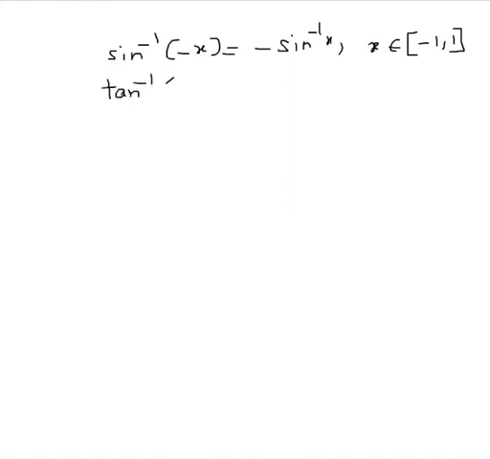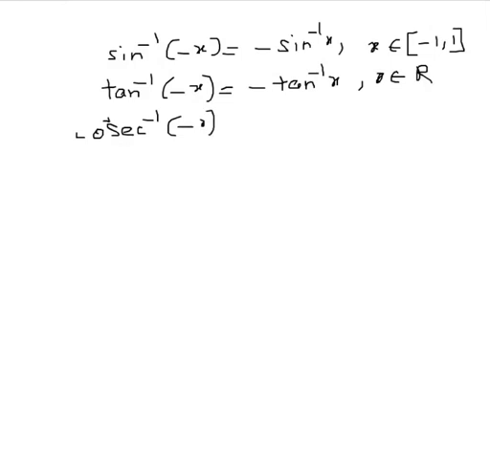Tan inverse of minus x. Again the principal value branch for tan inverse is also the open interval minus pi by 2 to plus pi by 2. Therefore for negative values, a negative angle, which is the fourth quadrant angle, so minus tan inverse of x, where x belongs to R. Then cosec inverse of minus x is similarly equal to minus cosec inverse of x for absolute value of x greater than or equal to 1.